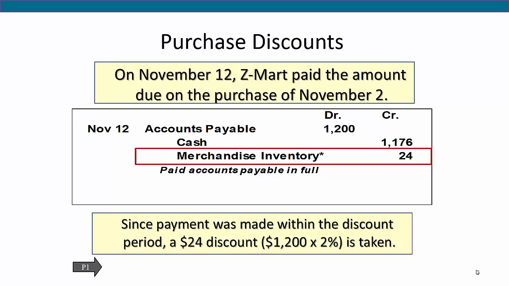In this case, the entry would be a debit for the entire accounts payable balance of $1,200, which is paid off with a cash payment of only $1,176. The difference of $24 is the purchase discount, which is recorded as a reduction in the cost of merchandise inventory.